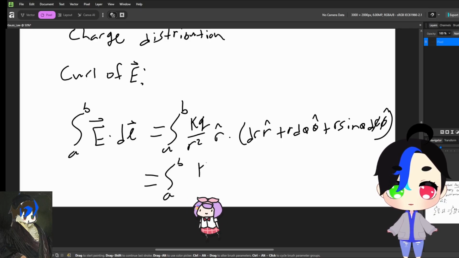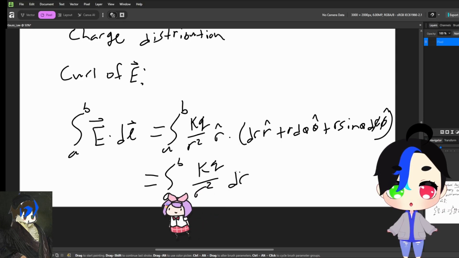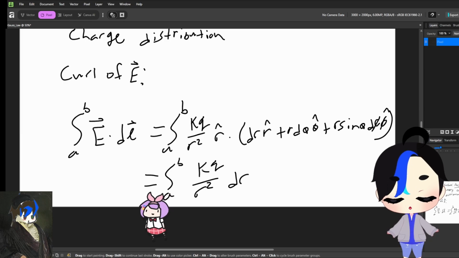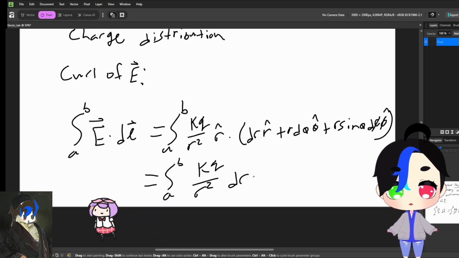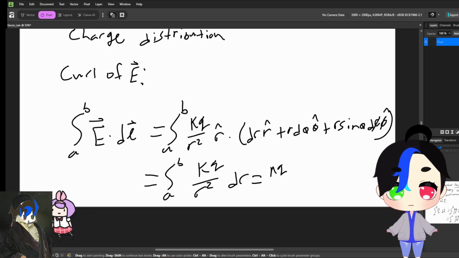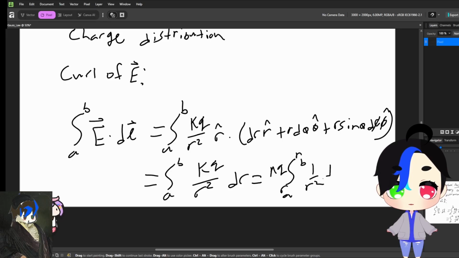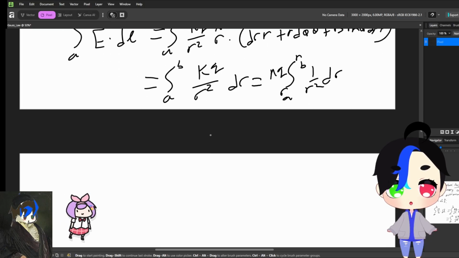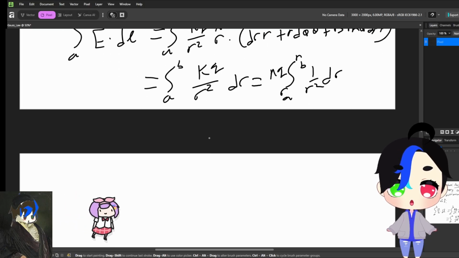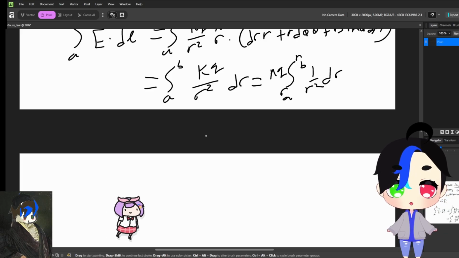So this becomes the integral from a to b of kq over r squared dr. These are constant, so they can get taken out, leaving kq times the integral from ra to rb of 1 over r squared dr. If you've covered derivatives, an integral is basically an inverse derivative.